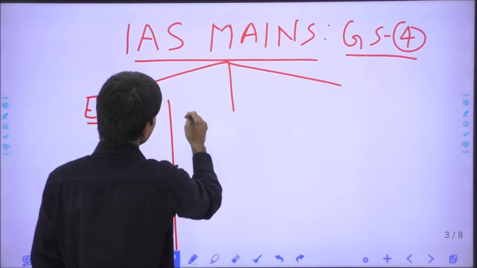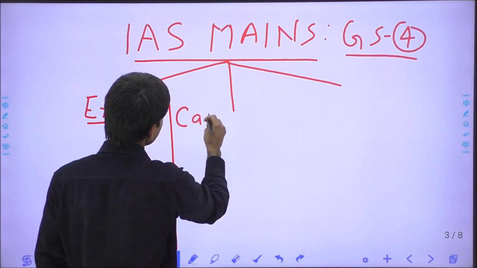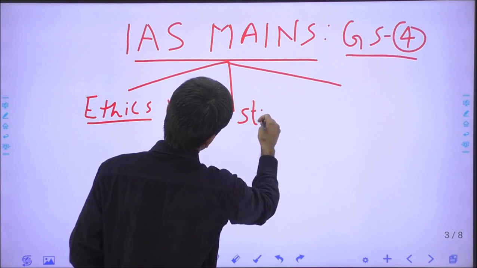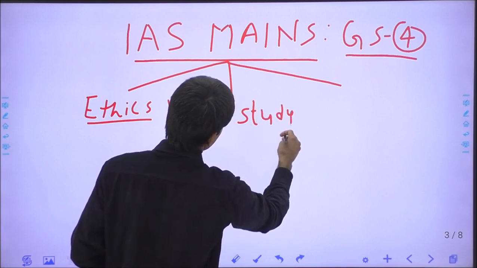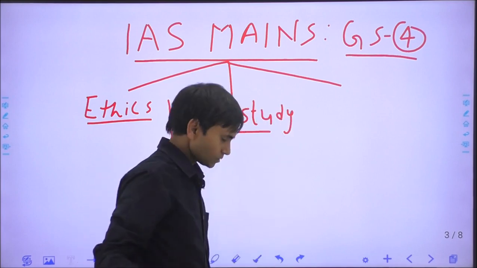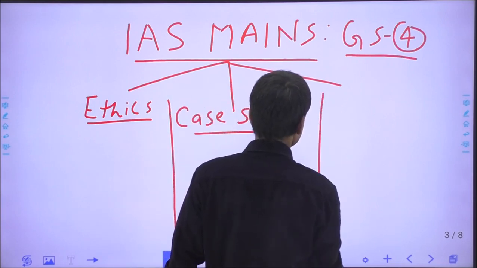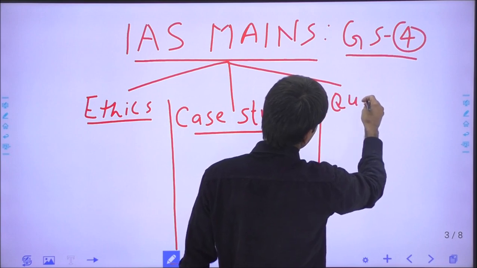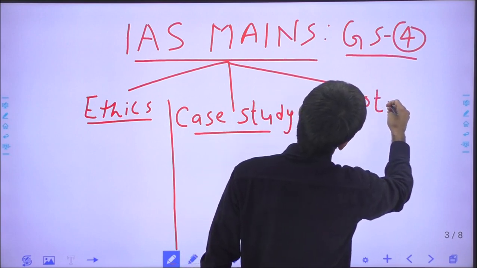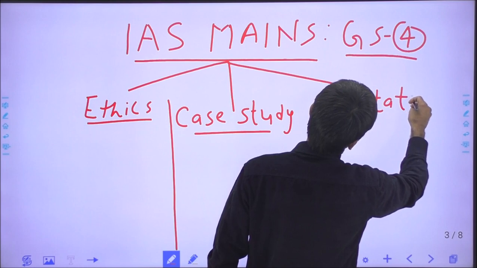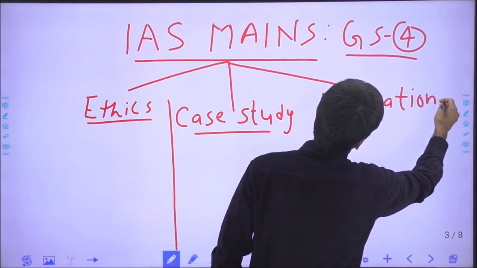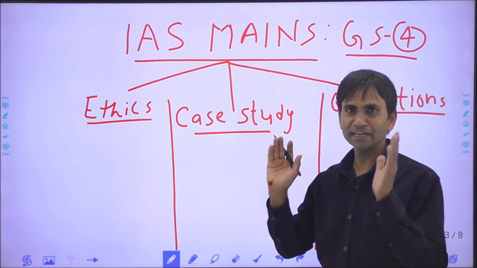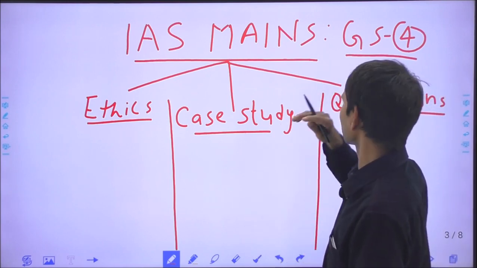Second is the case studies. Third is some quotations. This is the general classification of GS paper 4.